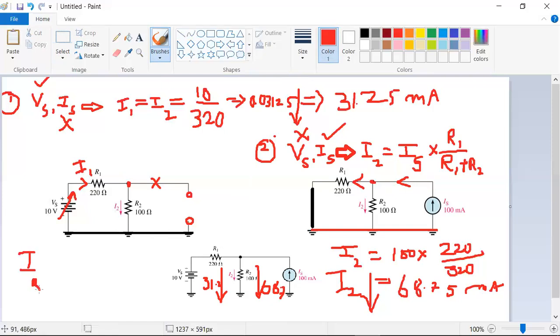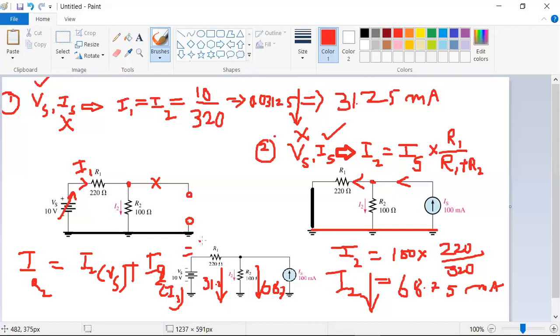I of R2 equals I2 of source Vs plus I2 of source current Is.